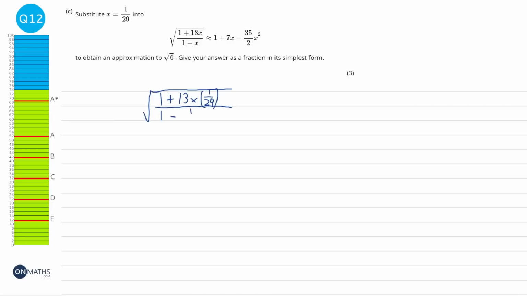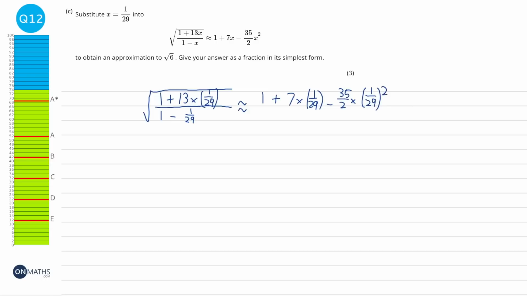So it would be 1 minus 1 over 29. Or it shouldn't say equals, it is approximately 1 plus 7 times 1 over 29, subtract 35 over 2 times 1 over 29 squared.